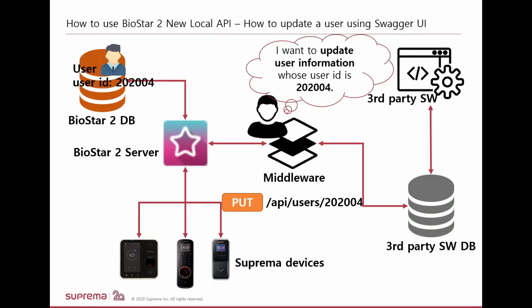If user information is modified in third-party software and you need to update user information stored in BioStar 2, call put/API/user/202004. BioStar 2 server will modify the information of the user with 202004 user ID stored in BioStar 2 DB.